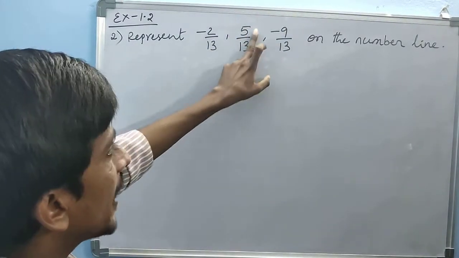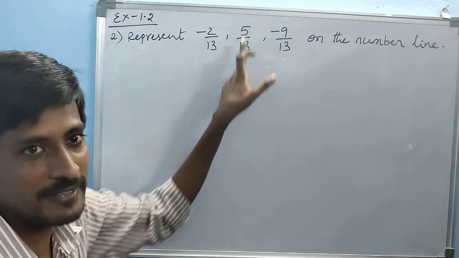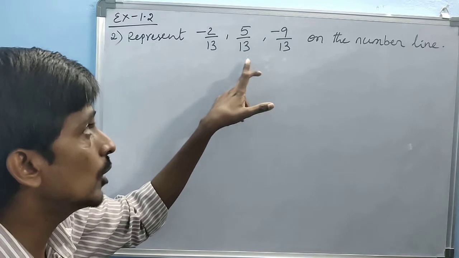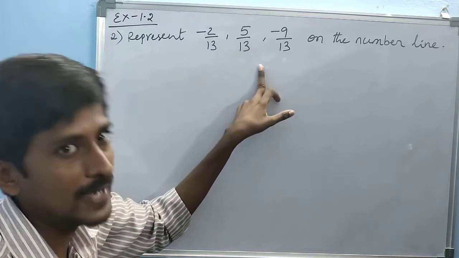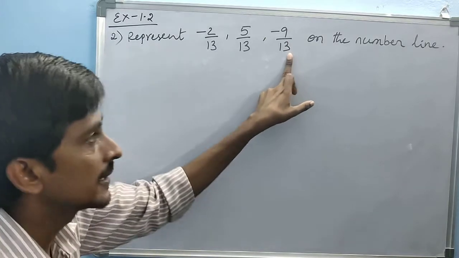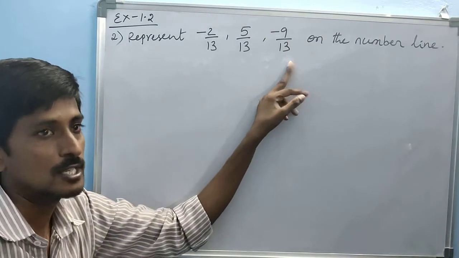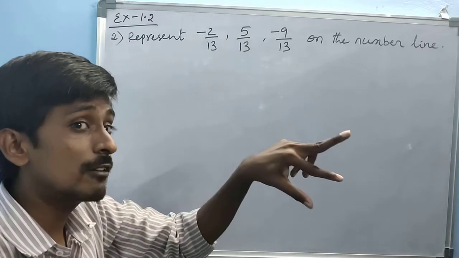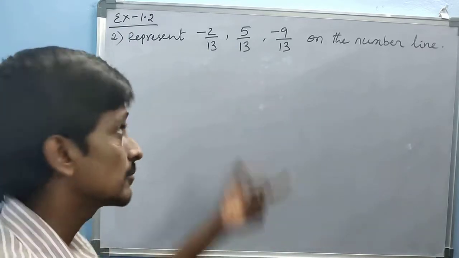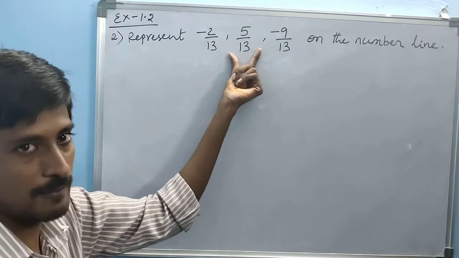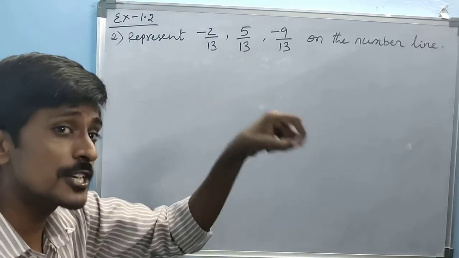So 5 by 13, which numbers is it between? It is positive, so between 0 and 1. And minus 2 by 13 and minus 9 by 13 are negative numbers, so these two are between 0 and minus 1. This is a positive number, so it is between 0 and 1.